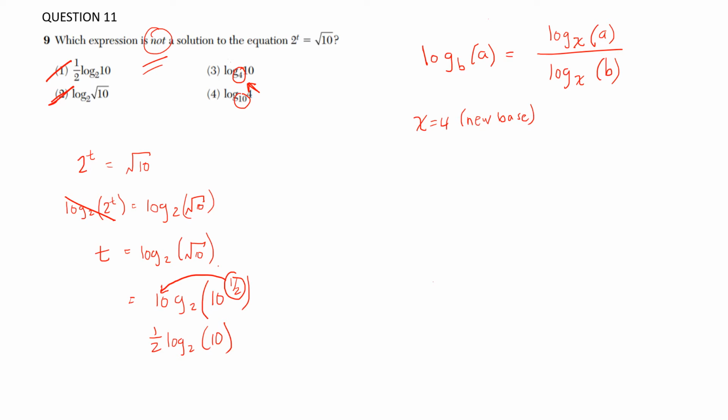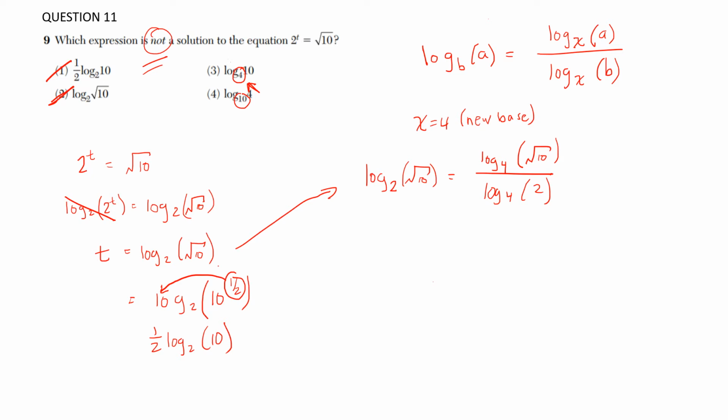All right. So we have initially, this is our answer over here. We'll use this one. Log base 2 of the square root of 10 equals log base 4 of a, which is square root of 10 in our case, divided by log base 4 of 2. All right, so far it doesn't really look like any of these answers, but let's see if we can simplify.